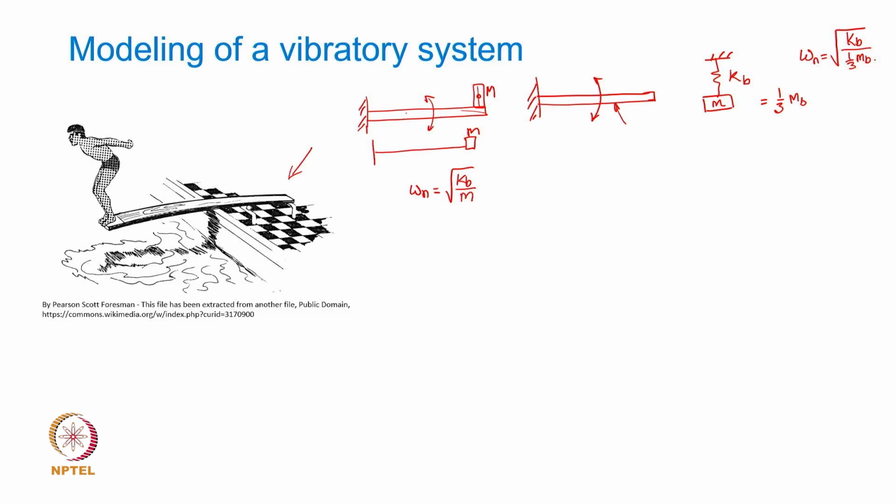If you look closely, this particular board is actually fulcrumed at these 2 points. It is an interesting case: the board is fulcrumed here, but there is one support which is here, and while the board deflects downwards, it has an effective length given by this.